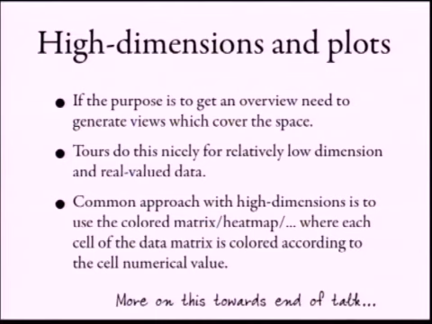But one common approach to plotting very high dimensional data is using a heat map or a colored matrix. It's got a bunch of different names, or an image plot, where you take the matrix of data and just color each cell according to the numerical value that's in the cell. It's a very, very common way to plot very high dimensional data.